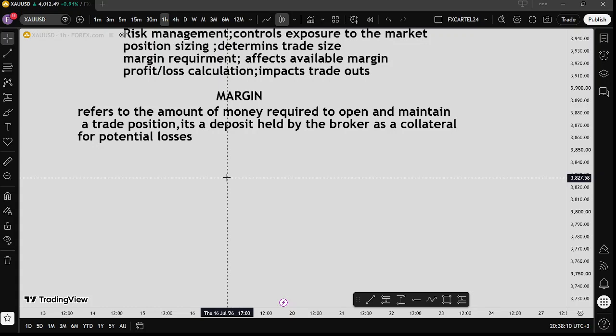equity, margin, then free margin, then margin level. So the margin level percent, whenever it reduces, this is where they will send you a notification. Then free margin, it's the money that you have on the free margin, it's the collateral they will leave to you.